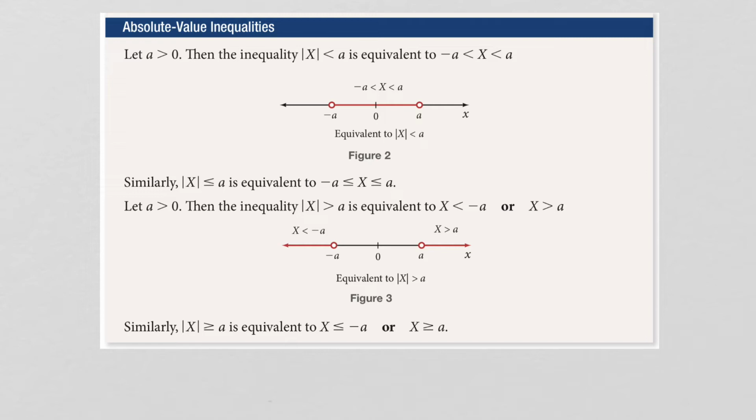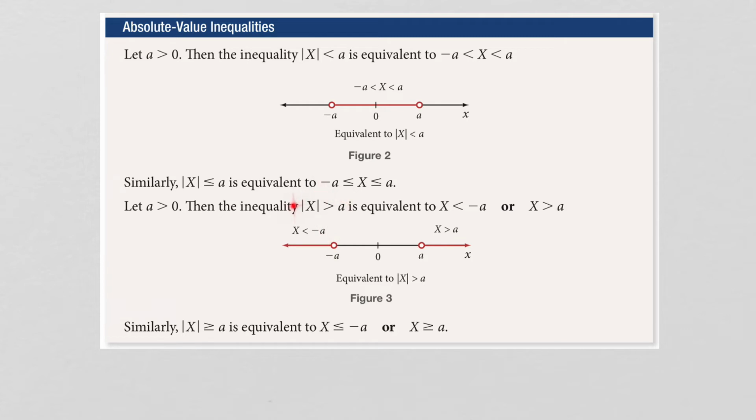In a similar way, if a is a positive number, the inequality absolute value of x is greater than a means that the distance that x is from 0 is more than a units from 0. So here is the number 0. If you are more than a units from 0, that means you have to be at a or farther away. Or equivalently, you can be at negative a or farther away.